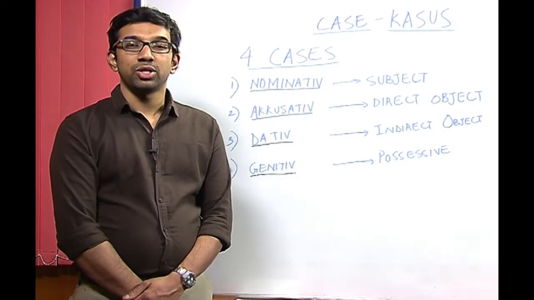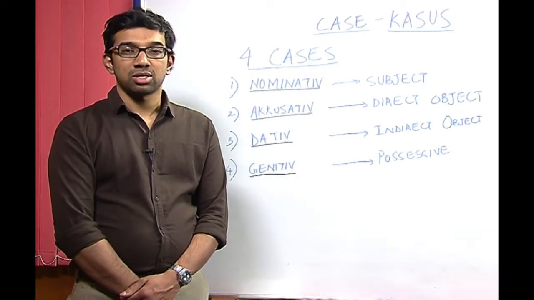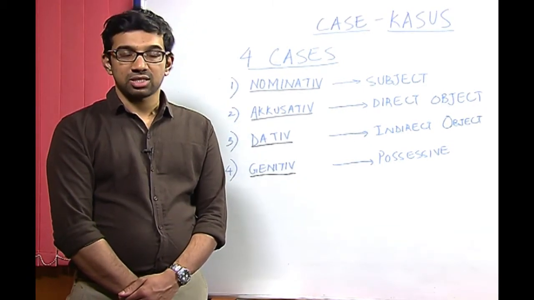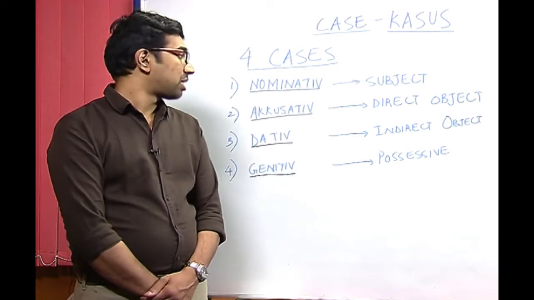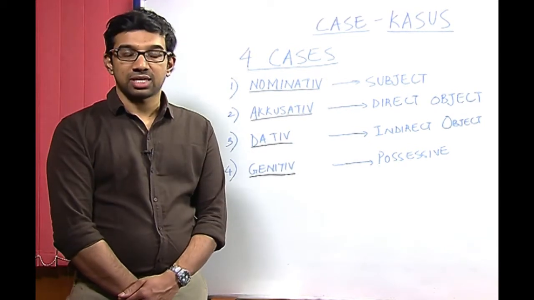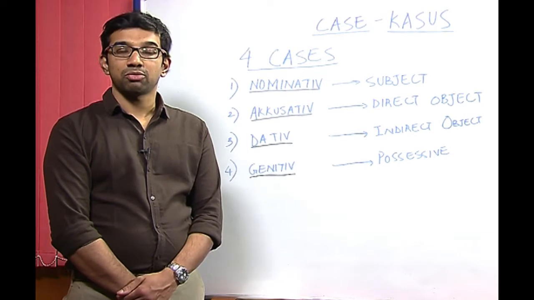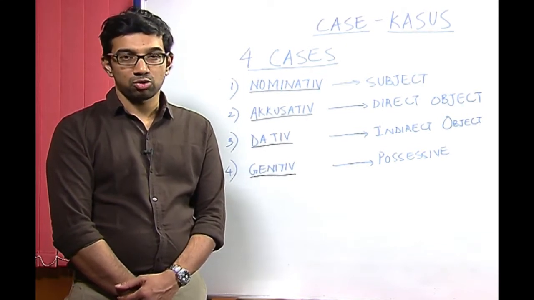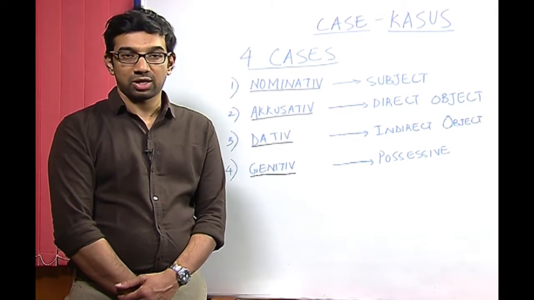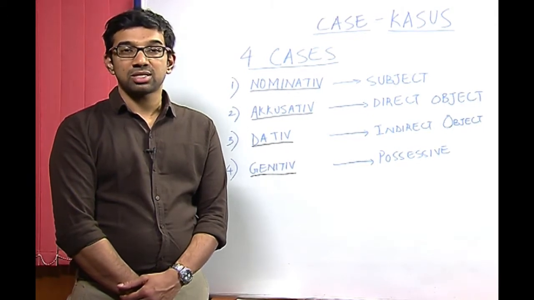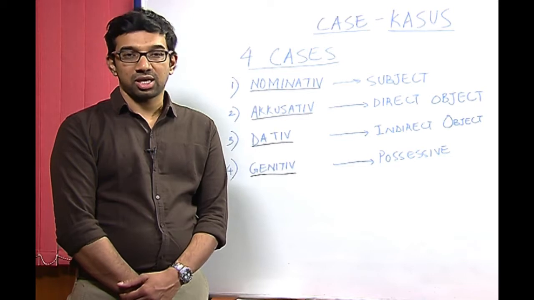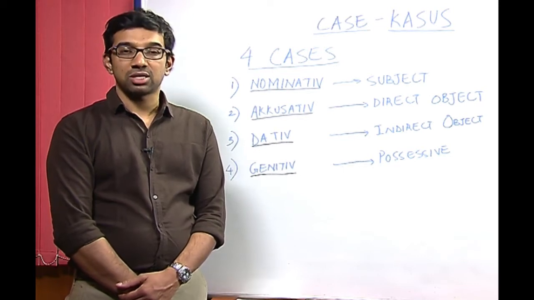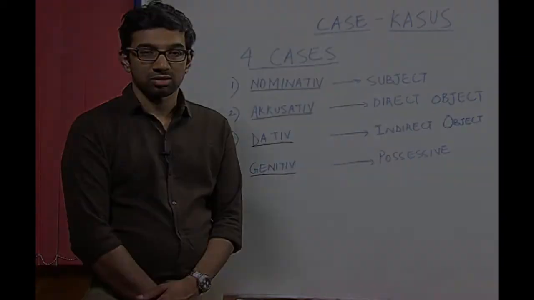Now, we would be doing in this course a few important cases like the nominative, accusative, and dative case, because these are some of the most important cases which are used initially in the German language. Now, let us see how each case functions. We would start with the nominative case.